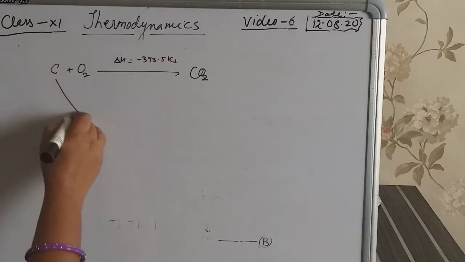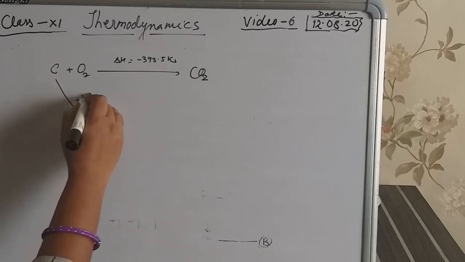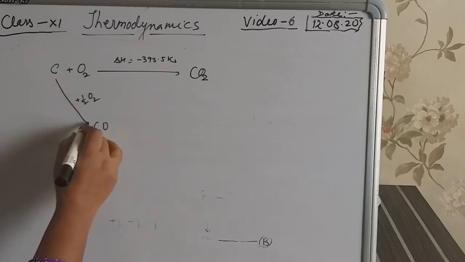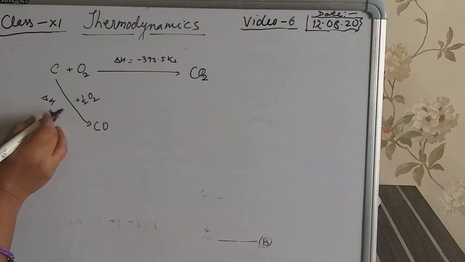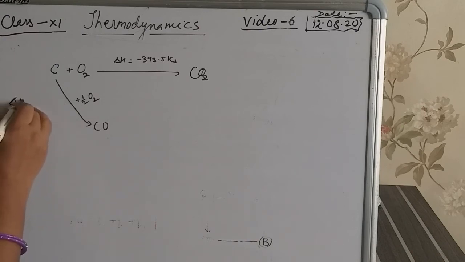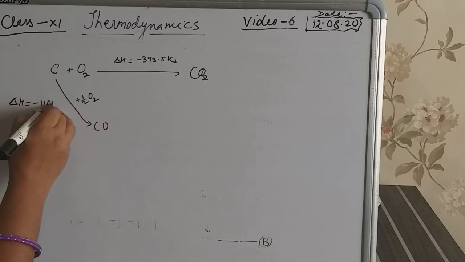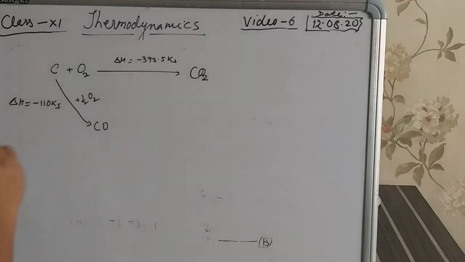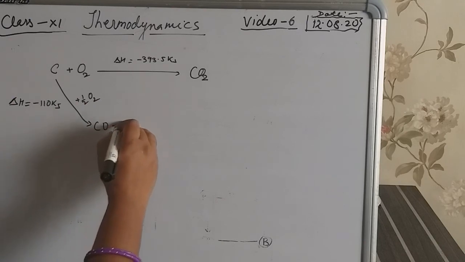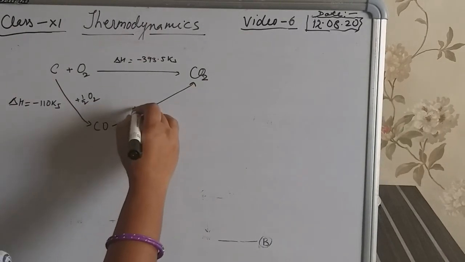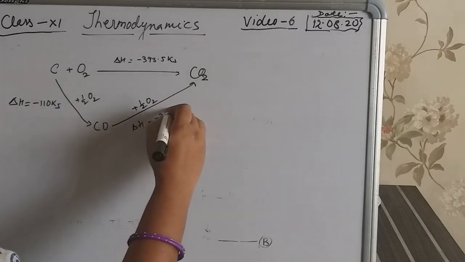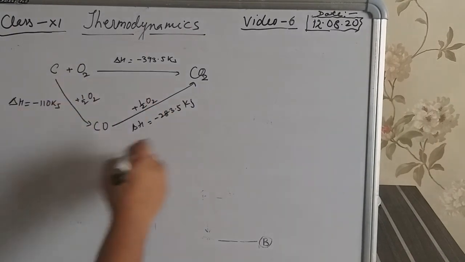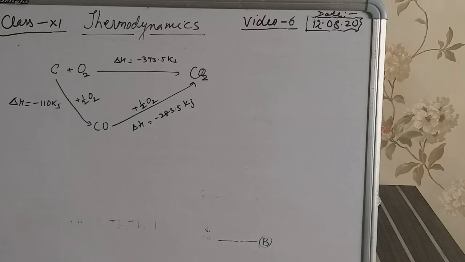Suppose carbon, with half O2, is converted into carbon monoxide, here del H is minus 110 kilojoule. This amount of energy is released, and this carbon monoxide again changes to CO2 when it takes excess O2. So del H is minus 283.5 kilojoule. So the sum of these is equal to this. This is called the Hess law.